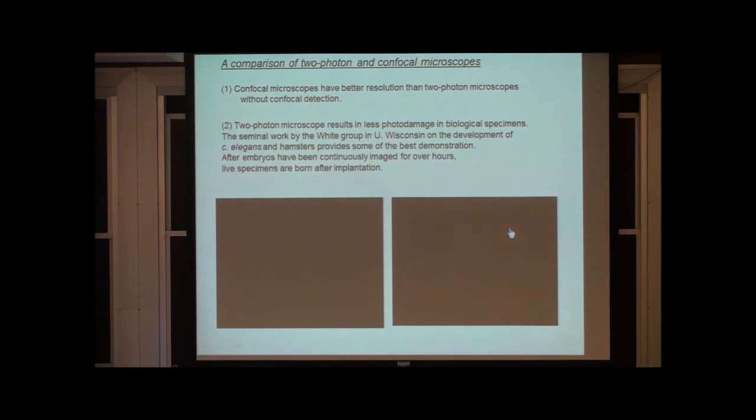When you generate fluorescence excitation, you always have the probability of generating reactive oxygen species. The reason that you have less damage is because the excitation volume is very small, on the order of 0.1 femtoliter, so the amount of reactive oxygen species generated is much less. That's why, in general, when you're imaging a specimen in 3D, two-photon is a better method in terms of limiting damage.